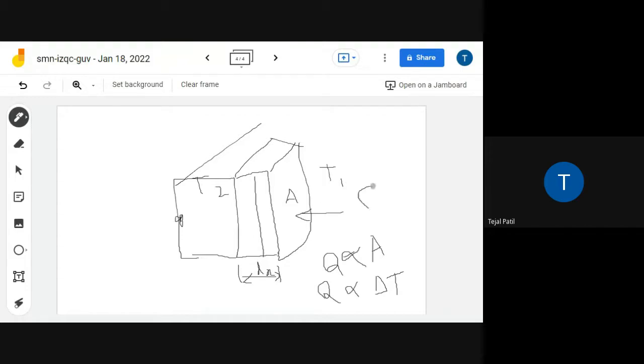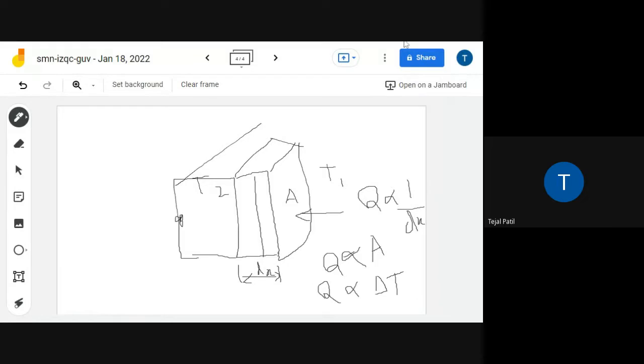So from here you can say that Q is inversely proportional to the length, that is dx. This is what Fourier's law is. It says that heat transfer rate is directly proportional to the perpendicular area and the temperature difference or temperature gradient, and inversely proportional to the length along which the heat is going to transfer.